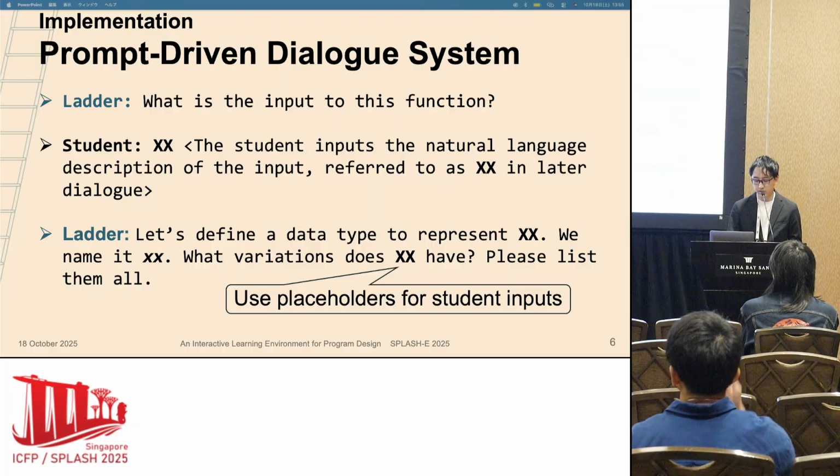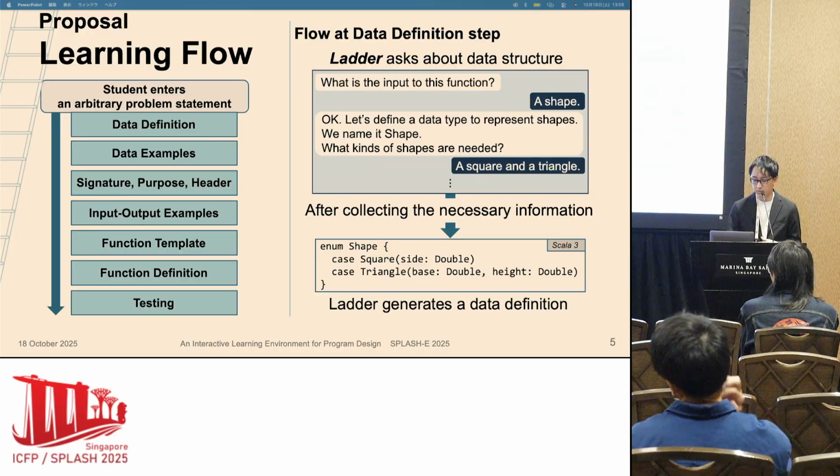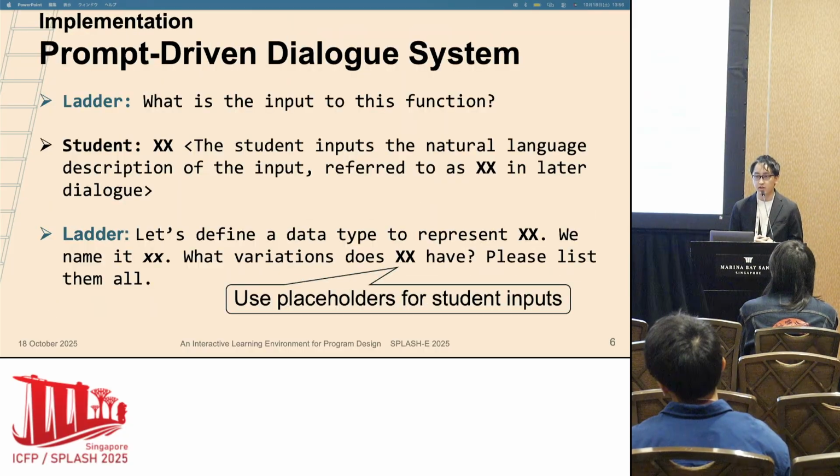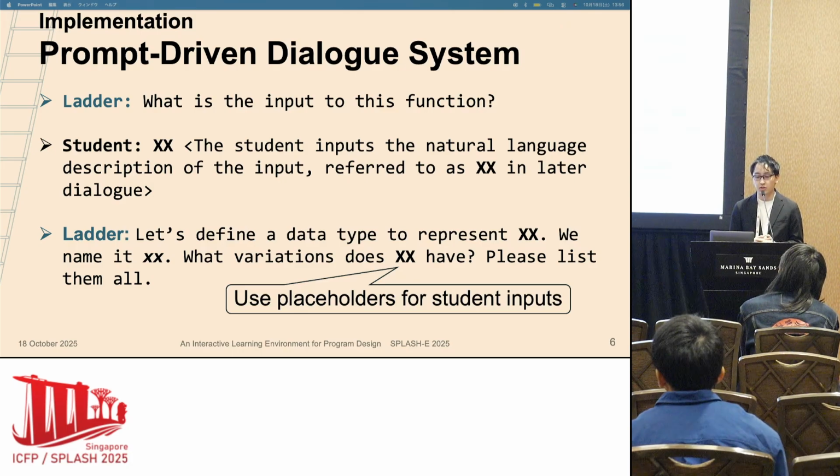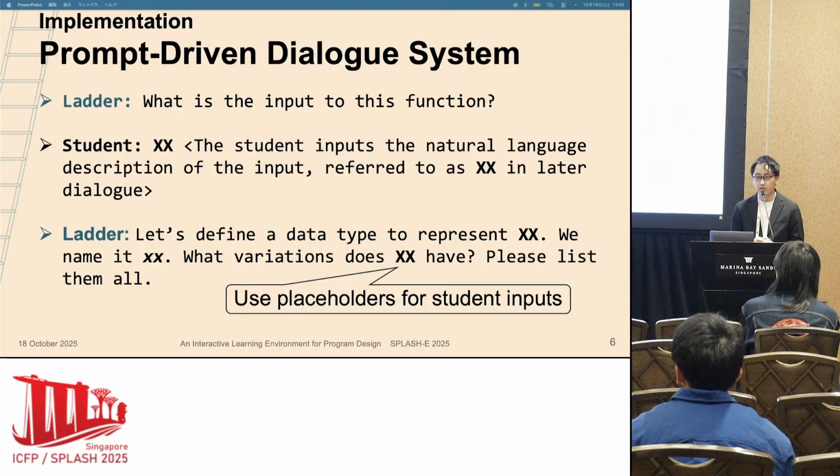We realize this running flow by building a custom GPT using OpenAI's MyGPT service. In particular, to guide students step by step in natural language, we specify the detailed conversation flow in the system prompts like this. Ladder, what is the input to this function? Student, XX.